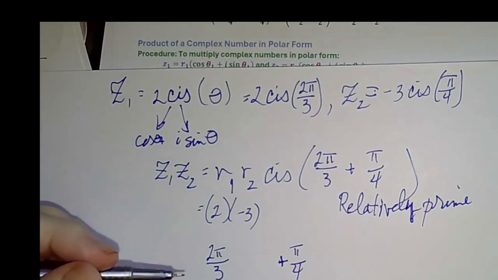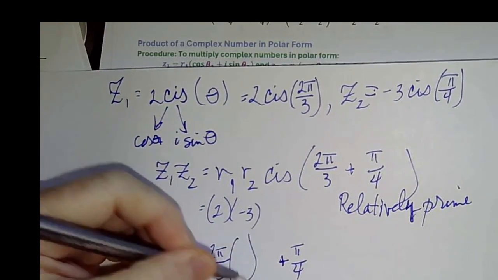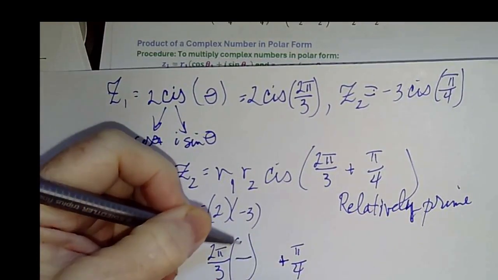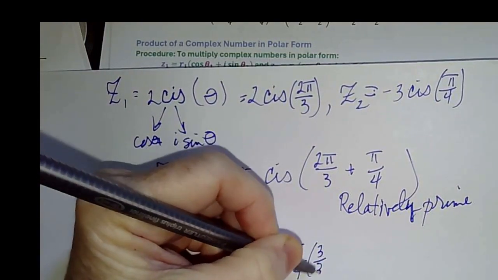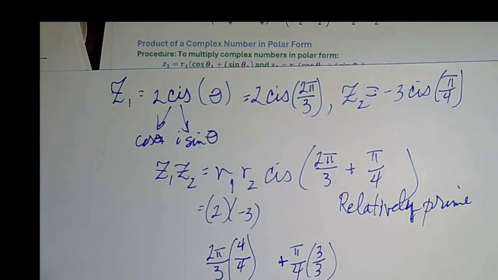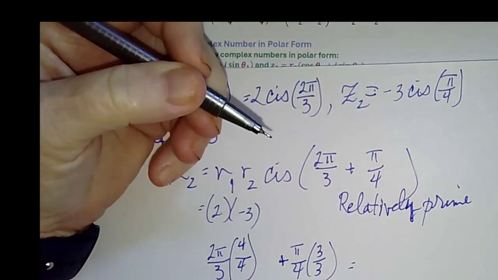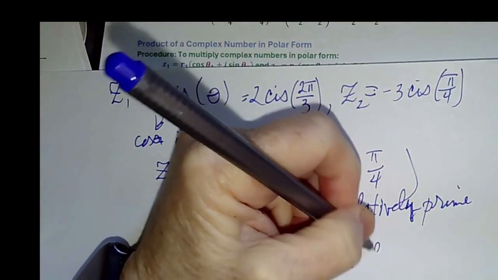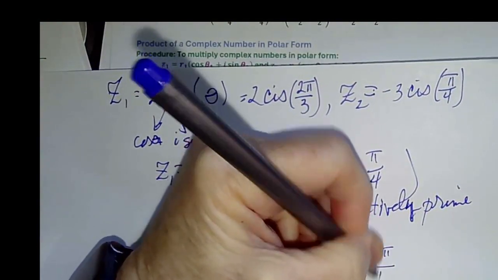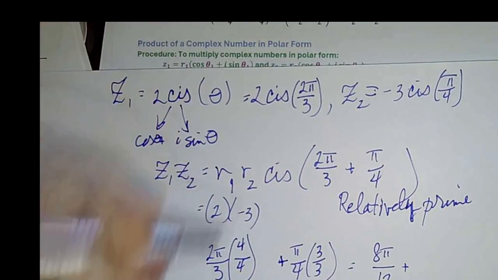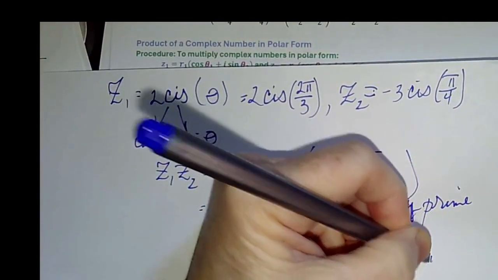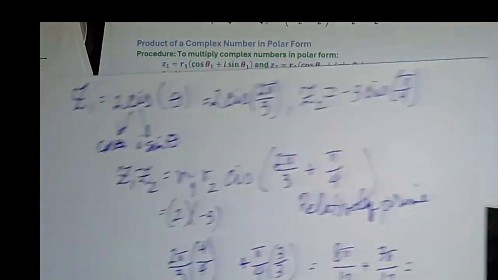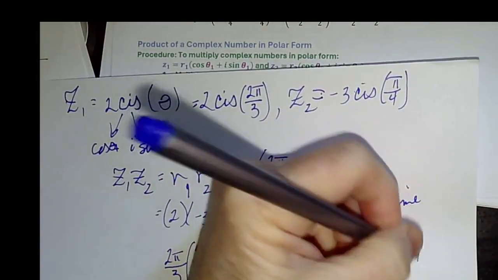And that means that when we have numbers like that in denominators, we have to multiply 3 by the 4 and 4 by the 3 to get a common denominator. So we get 8 pi over 12 and 3 pi over 12. And so that sum is 11 pi over 12.